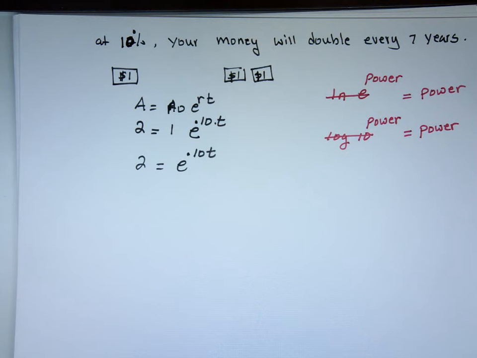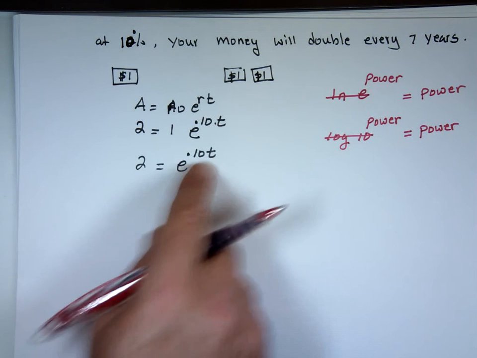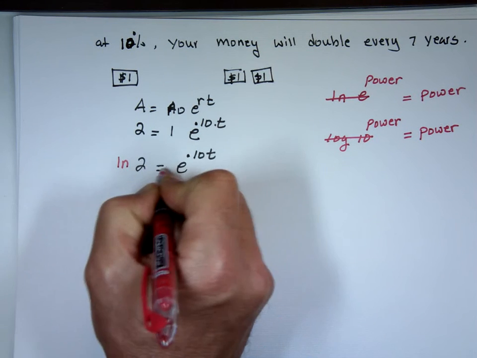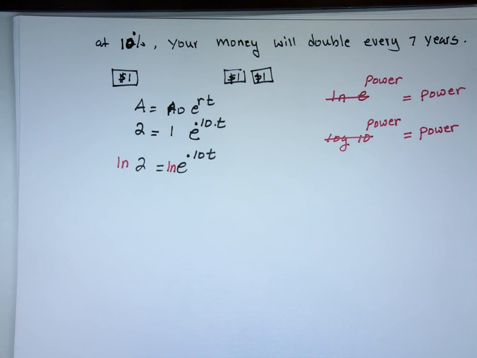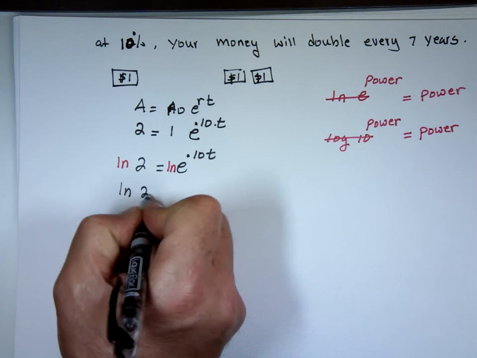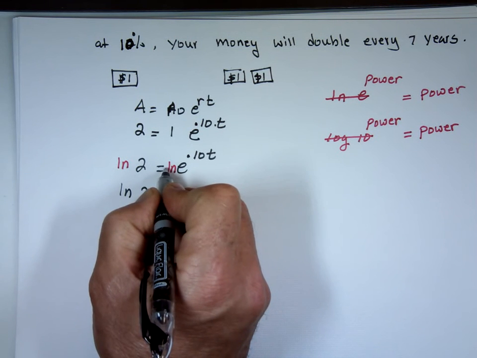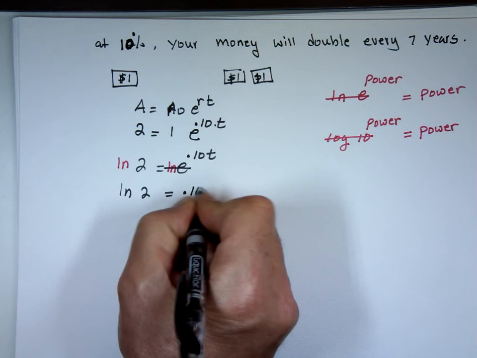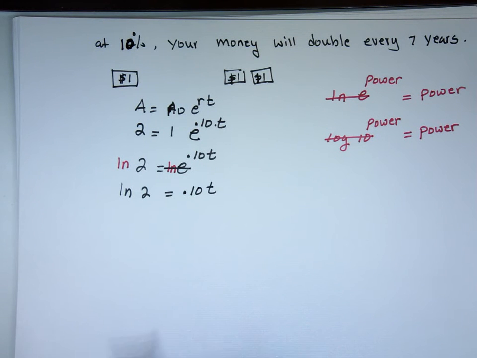So now I look at this, I have e here. So what I'm going to do is take the natural log of both sides. And so this will be the natural log of 2 equals, what will happen to the natural log of e? They cancel each other out. You end up with 0.10t. What is t equal to?